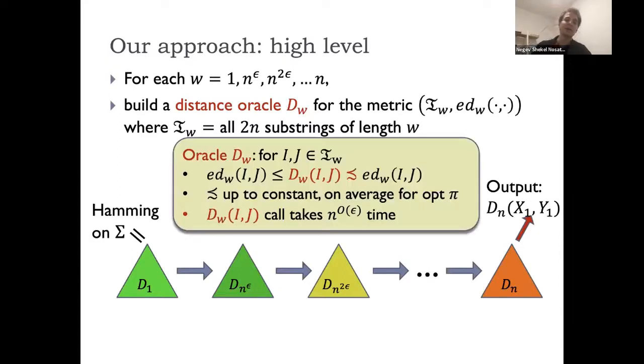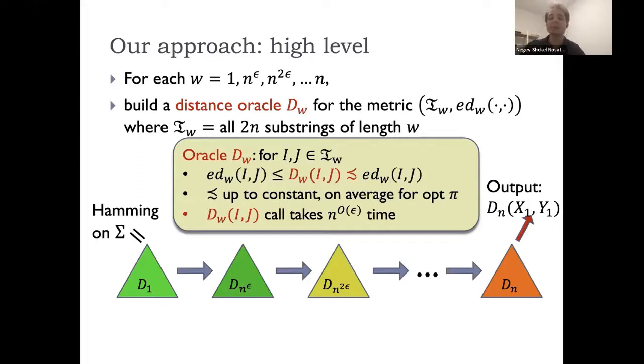The properties that we guarantee for this distance oracle are that, with probability 1, it always outputs an upper bound for any pair of intervals. And it's also a constant approximation, but not for any pair, only on average for any alignment, and consequently also for the optimal alignment.